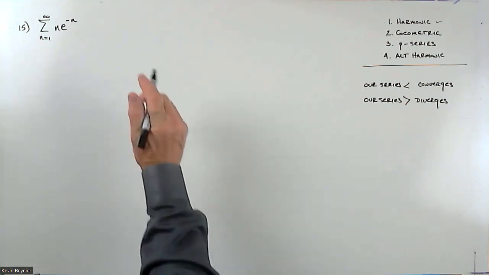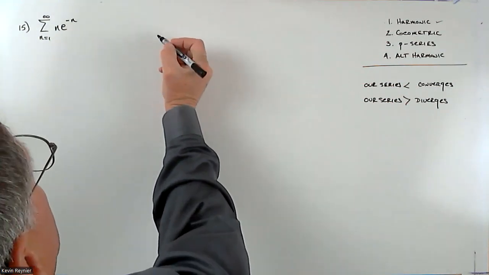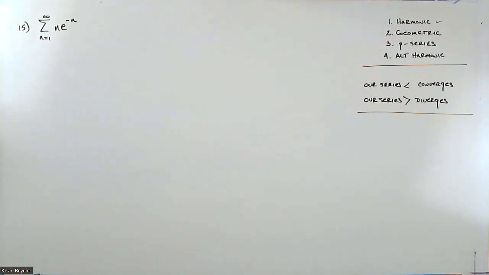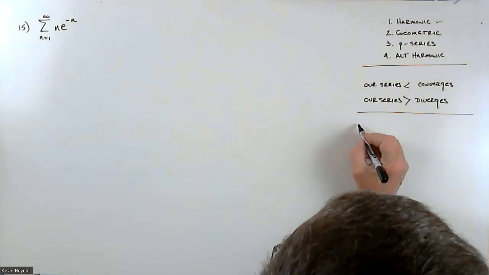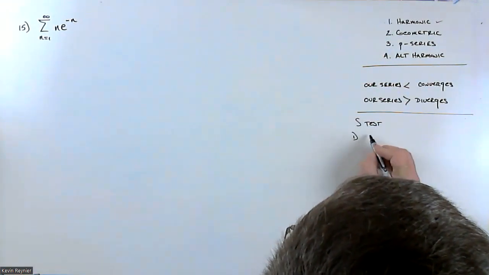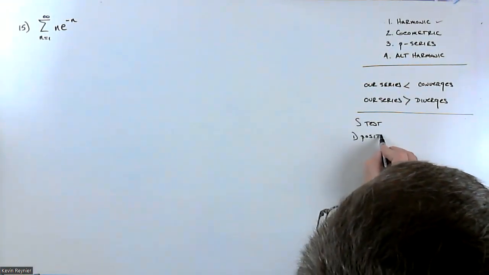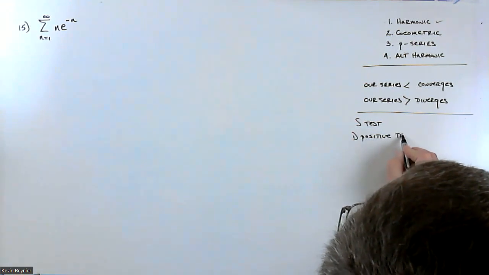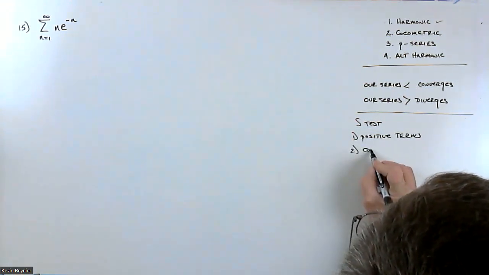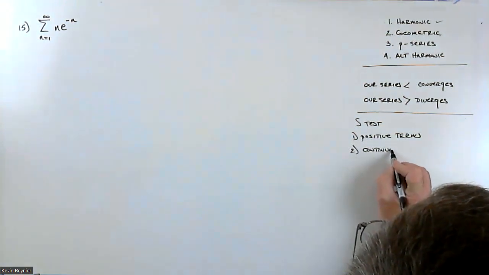Okay. So what does the integral test ask? Well, the integral test asks a lot, doesn't it? The integral test has 3 hypotheses. First, we have to show positive terms. Second, we've got to show continuous function.